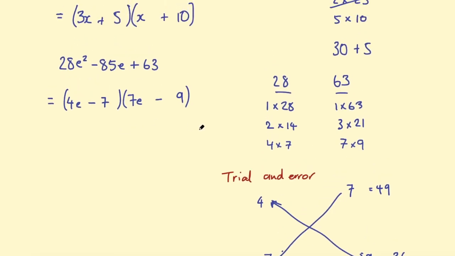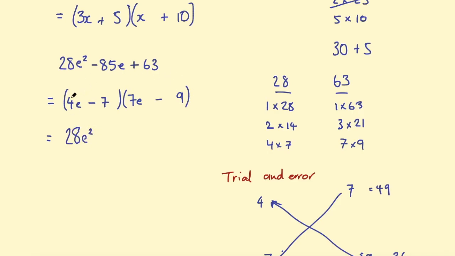And if you want to double check, you can expand these back out using FOIL. I've done a video on expanding brackets, and I went through 3 methods of expanding double brackets. One of them is FOIL, so if you want to check your answer, expand them back out just to double check. So 4e times 7e, that's 28e squared.